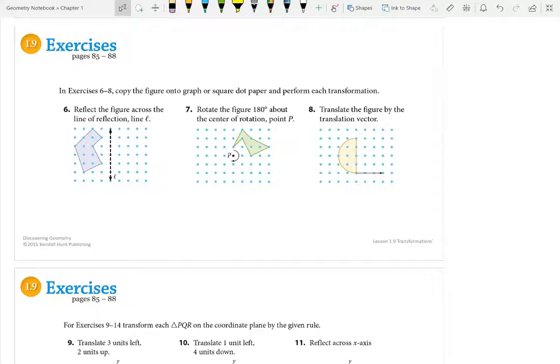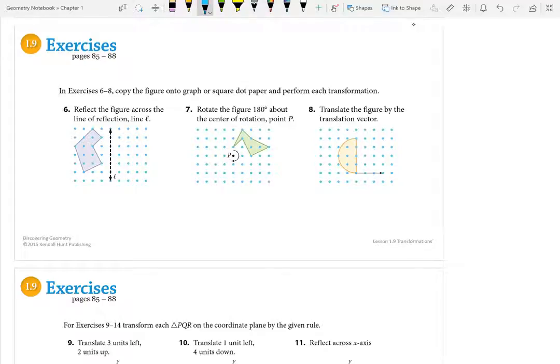Okay, and then numbers 6 through 11 say copy the figure onto graph or square dot paper and perform each transformation. So make sure you have graph paper when doing this homework and that you're copying the dots very carefully. First thing we're going to do is a reflection.